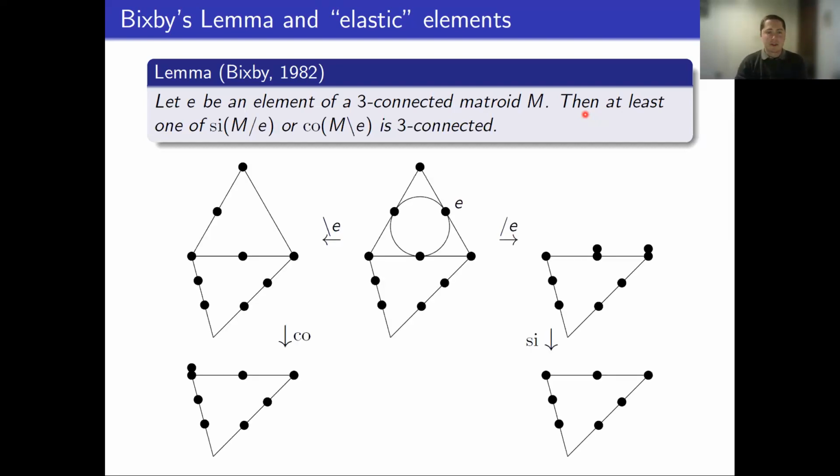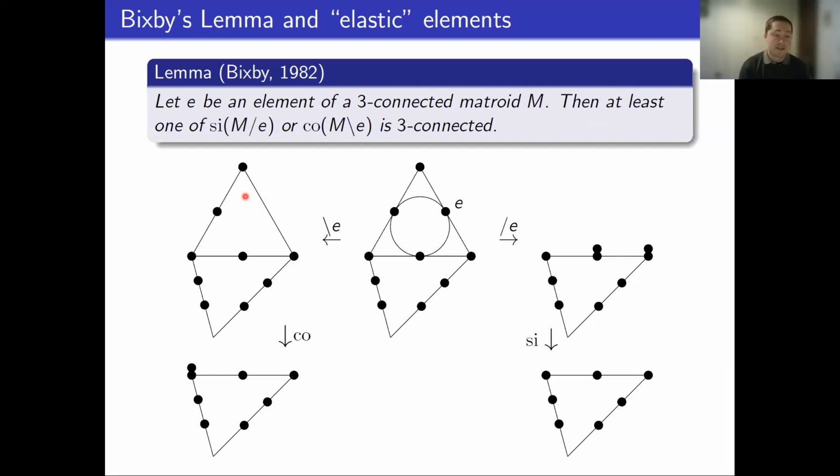Here's a little example of a matroid we cooked up, which is in the center. To the right, you see if we contract this element e, we get this rank 3 matroid, which after simplification is nice and 3-connected. On the left, just to show you they don't both have to be 3-connected, after deletion it actually produces a series pair, which I'll highlight here. You have to contract an element of it to perform a co-simplification, the dual notion of simplification.